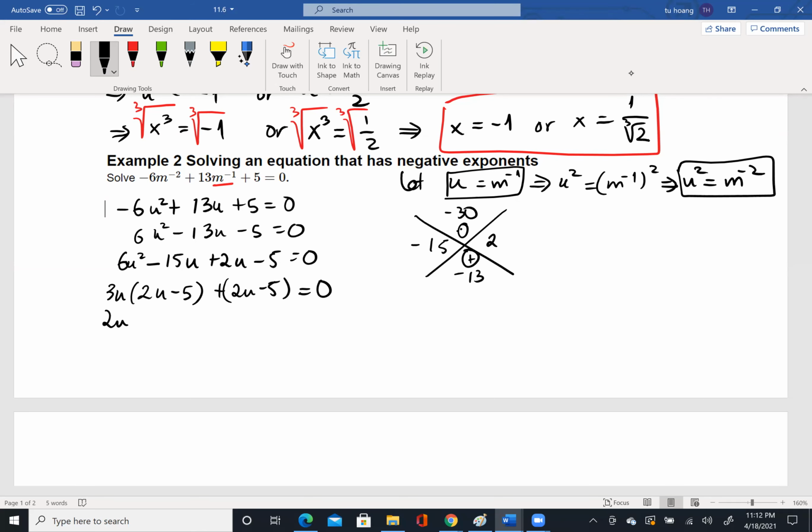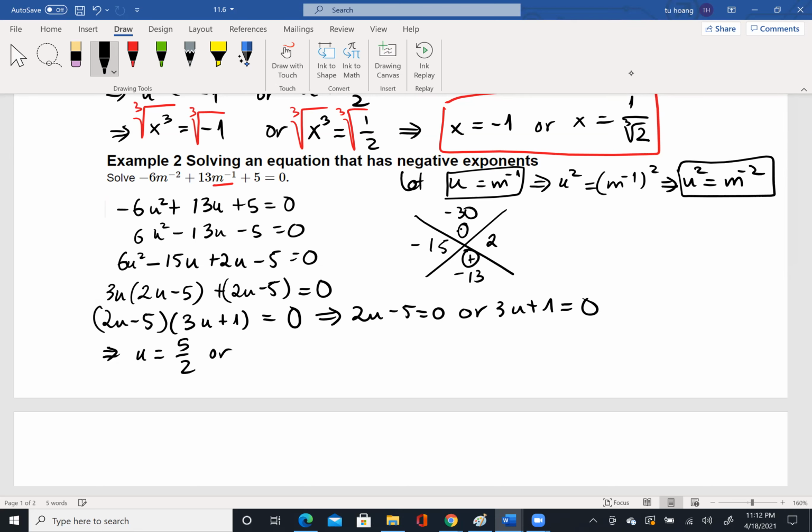Then I factor it out, and I have 3u plus 1 as the other factor. So the solution is 2u minus 5 equals 0, or 3u plus 1 equals 0. So u equal to 5/2, or u equal to negative 1/3.